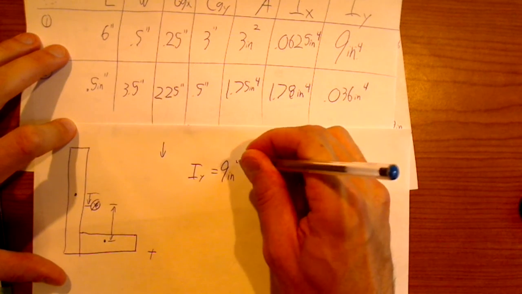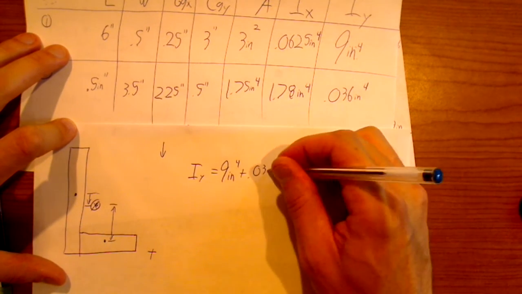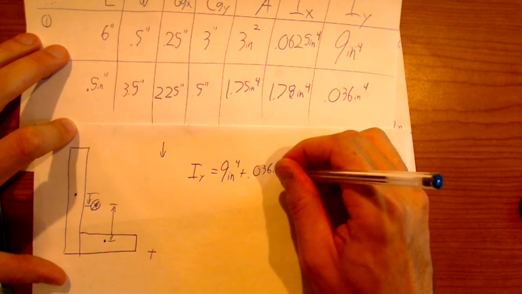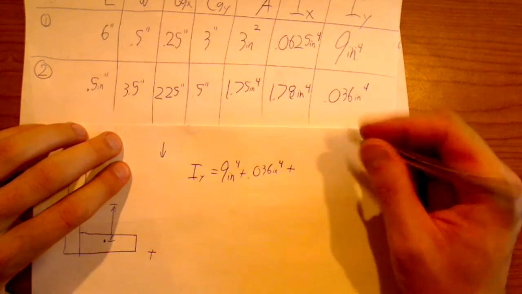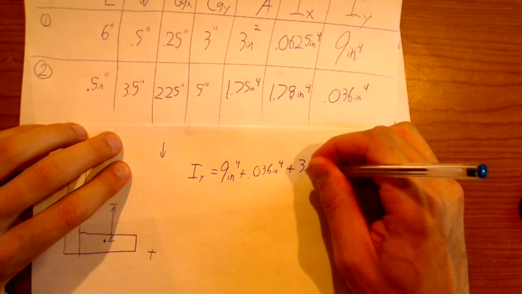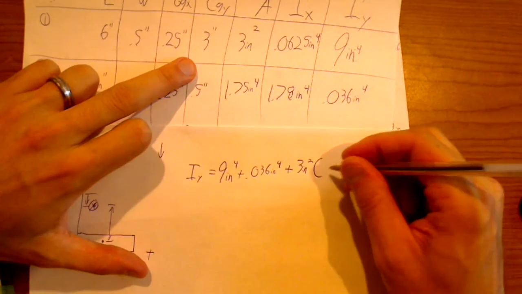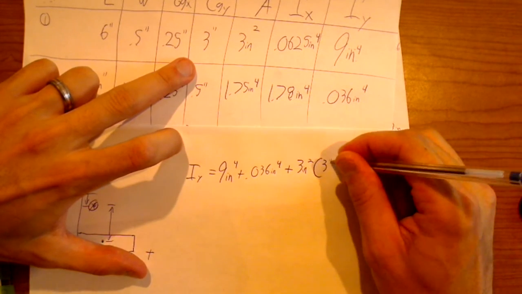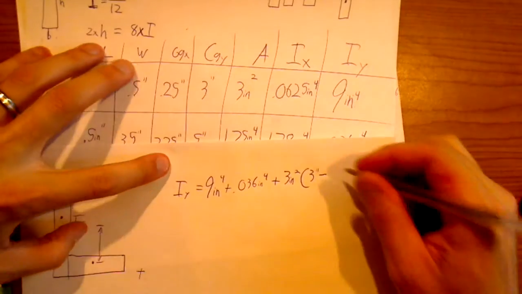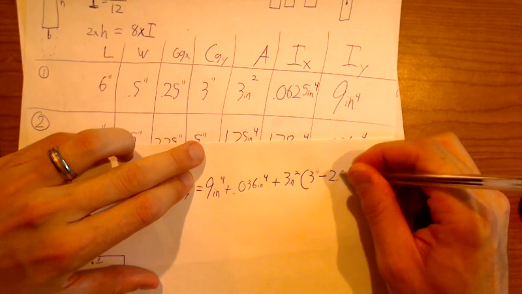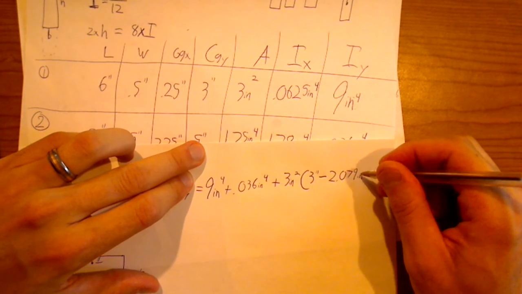9 inches to the fourth plus 0.36 inches to the fourth plus area inches squared times CGY, which is 3 inches, minus our CG total Y, 2.079 inches.